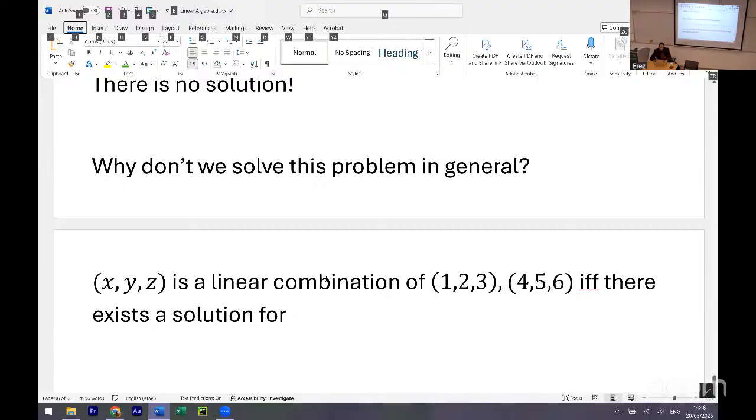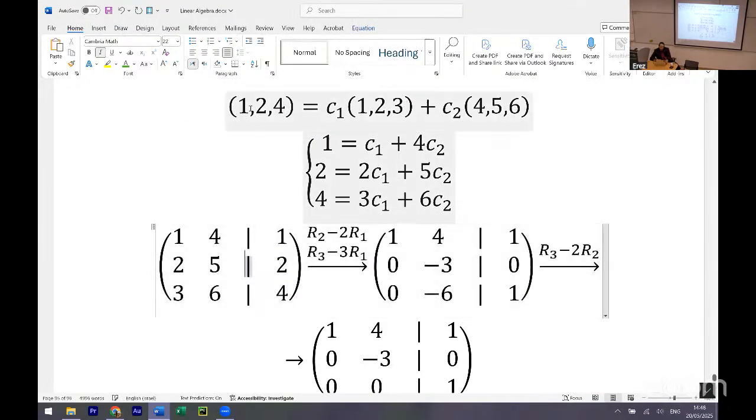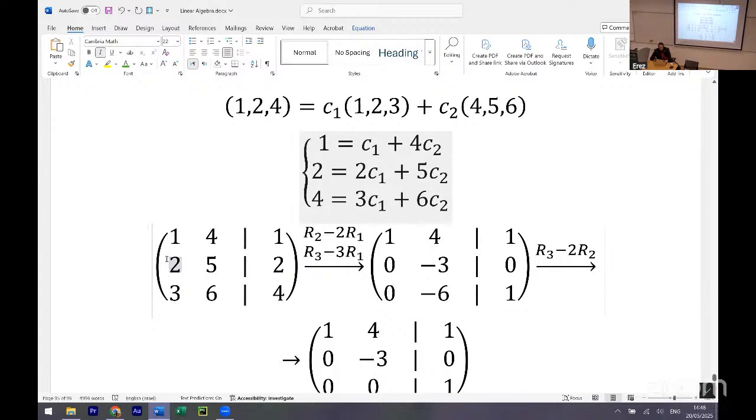I'll skip the matrix because I just need to replace 1, 2, 4 with x, y, z. It's the very same question, so I'll skip to that step.